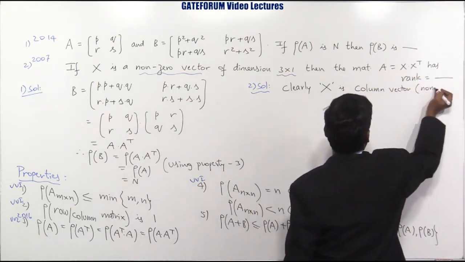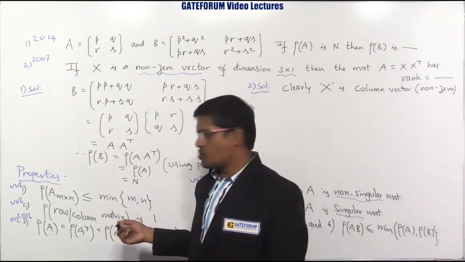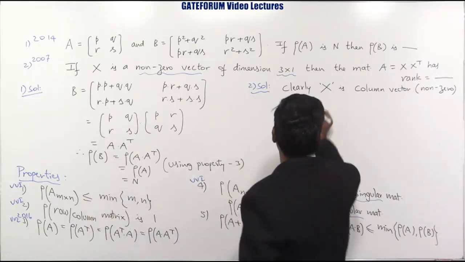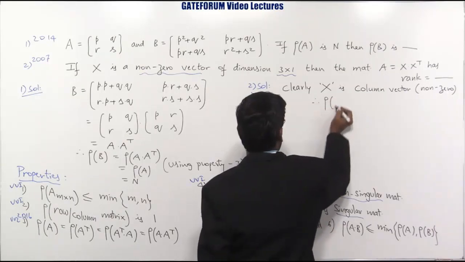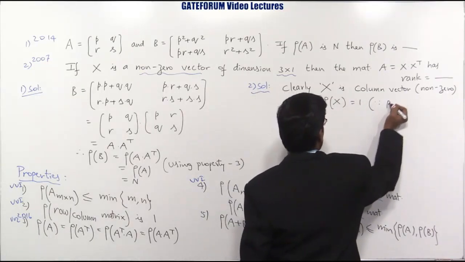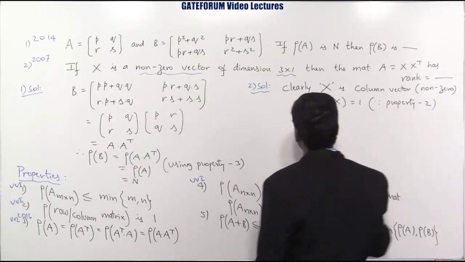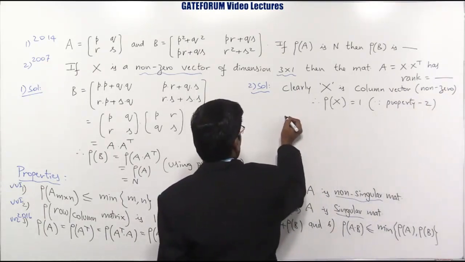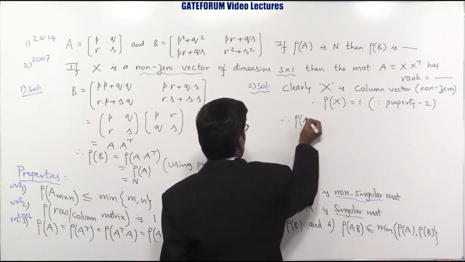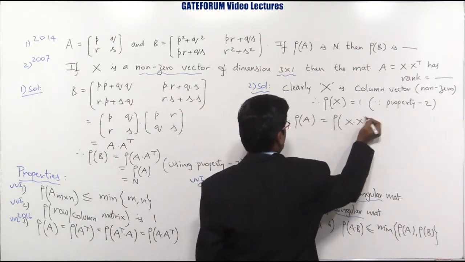Non-zero mentioned already. So, what is the rank of a column matrix? Is 1. That is property 2. Therefore, rank of X is equal to 1 since property 2. Next. Therefore, they are asking the question rank A. What is matrix A? Given X into X transpose.